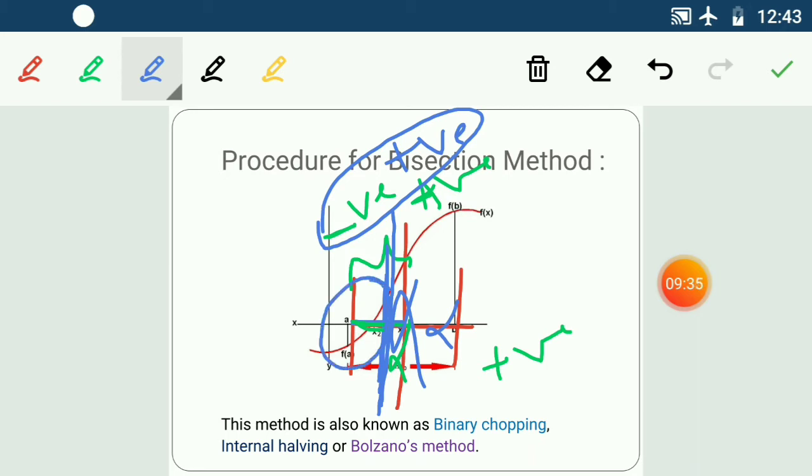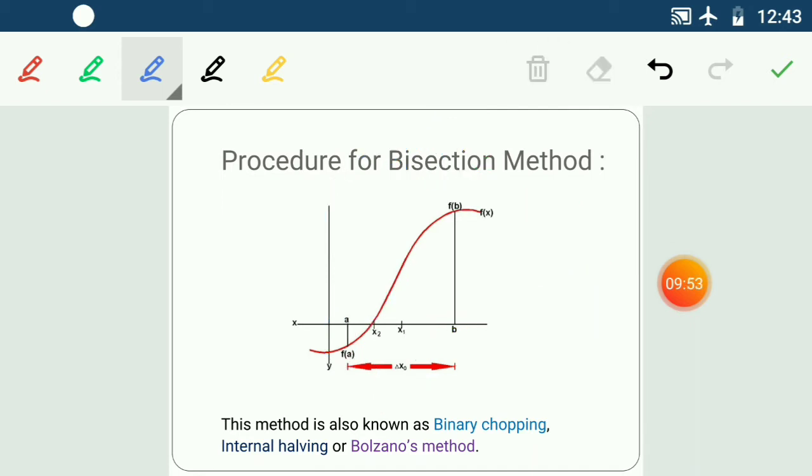So always we have to check that the values at A and B are negative and positive. This should be remembered, and for the easiness of the solution, it would be better if you always take A as negative and B as positive. Okay, at that time you need not remember much, just A is negative, B is positive.